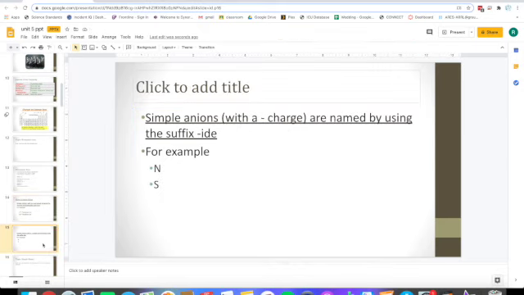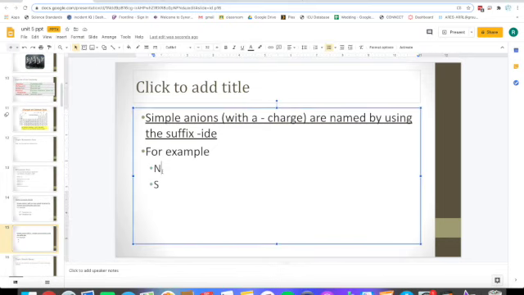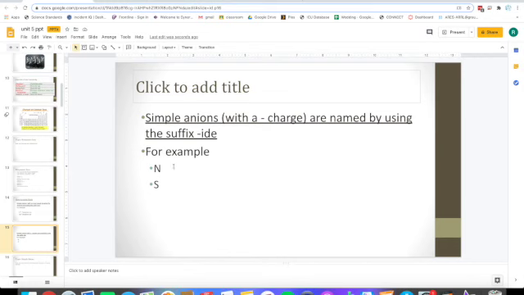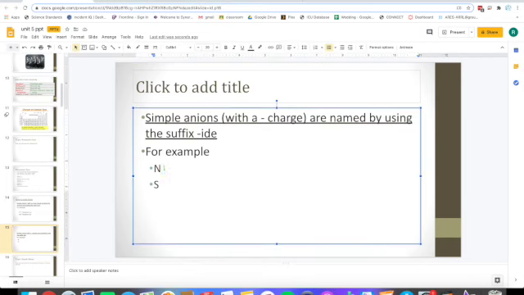Okay, if it's an anion or has a negative charge, then you use the suffix -ide, or basically you put "ide" at the end of the main word of the element. So for example, we have nitrogen. First we need to make sure it's a negative charge, so we find nitrogen right here. It has a -3 charge, so we'll give it its charge, -3.